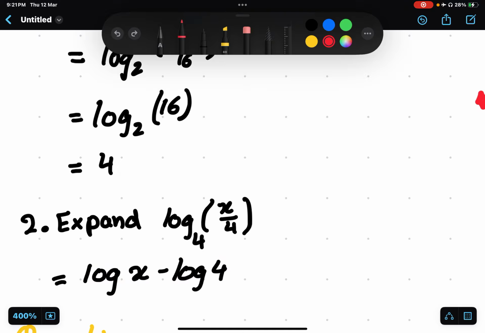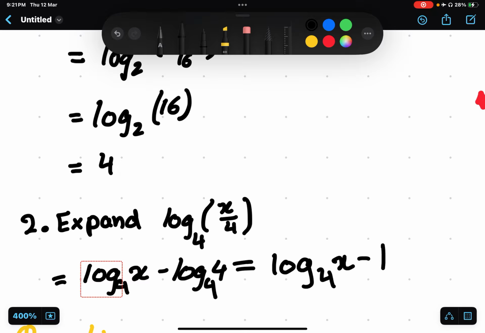So our log a is log x, and log b is log 4. And we can't forget the little bases on the bottom, which I did forget in my example. And this can be further simplified into log base 4 of x minus log base 4 of 4.